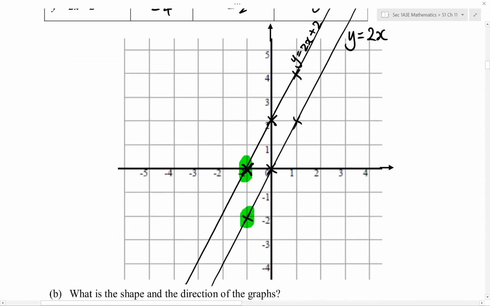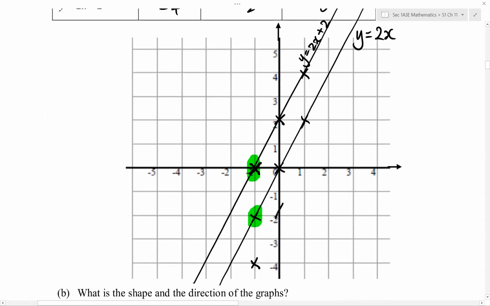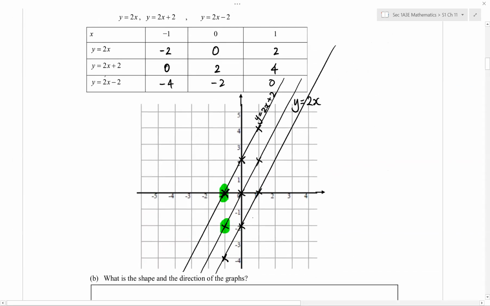So block -1, level -4. -1, -4. 2 levels down for every single point. Draw a line. And the final equation, y equals to 2x minus 2. So these are the 3 graphs. If you do not label, I don't know which graph it is for. And now my labeling also not very good, right? I cannot really tell y equals to 2x belongs to which graph.